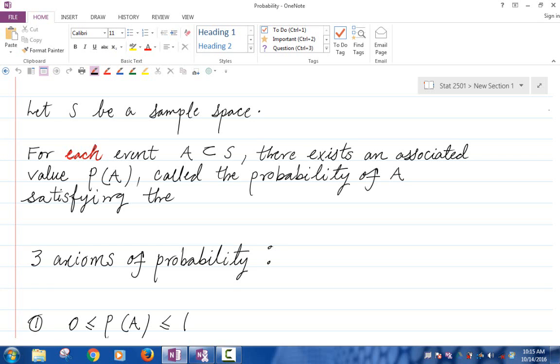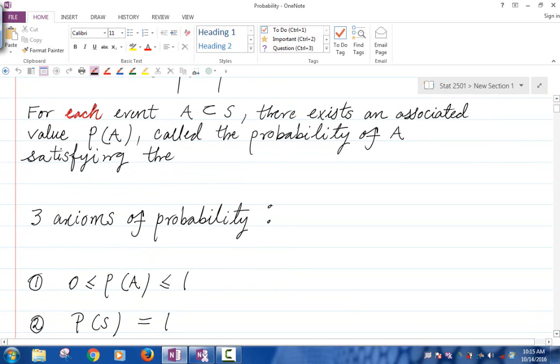This is called the probability of A, satisfying the 3 axioms of probability. And what are the axioms of probability?